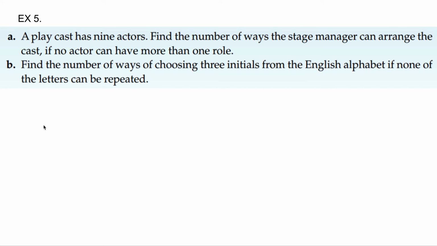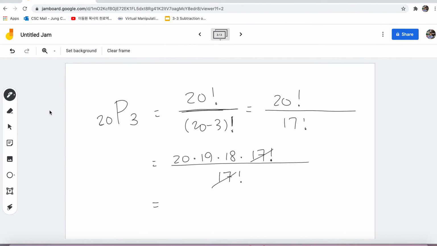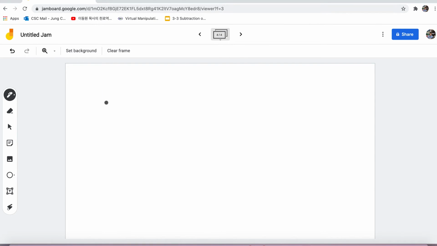So there are 9 actors and we are rearranging them, but we are arranging all of them, right? So we're going to have 9 permutation of 9. That's the same as 9 factorial over 9 minus 9, 0 factorial.